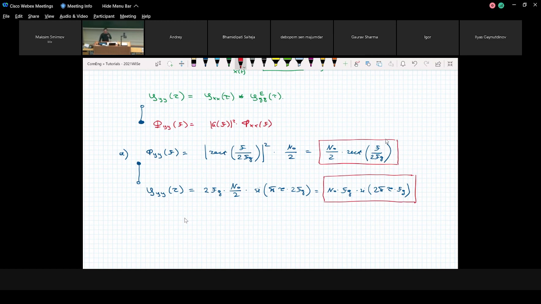The next question will be, you need to find the so-called RMS value, root mean square value, because also we have RMSE, root mean square error. Simply calculate.